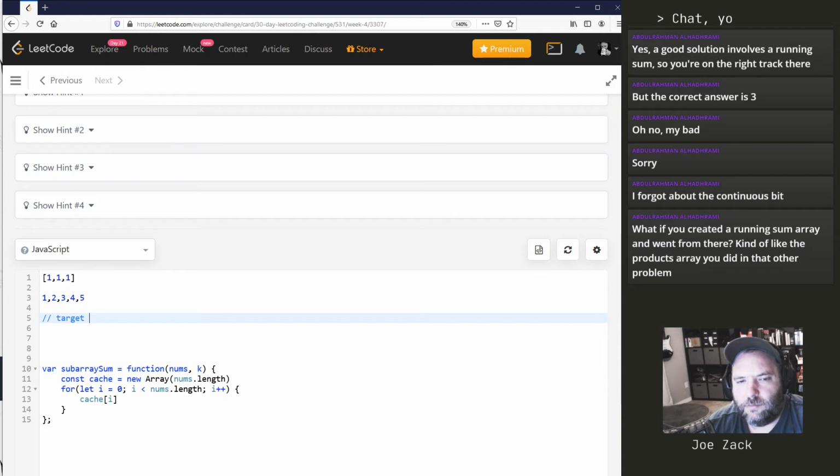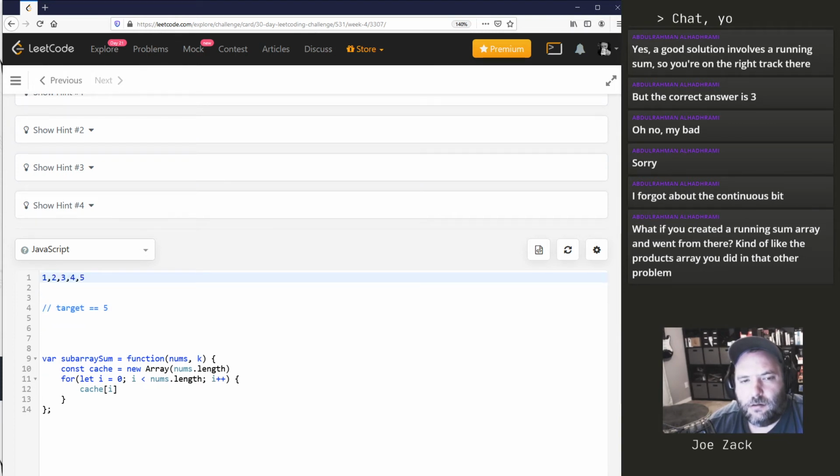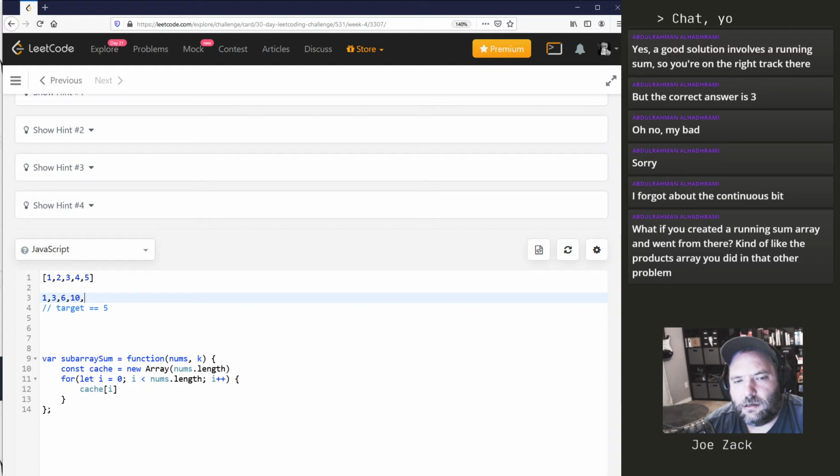There should be 2 of them. Clean up a little bit. So we start with 1. Our running sum then is going to be 3, 6, 10, 15.